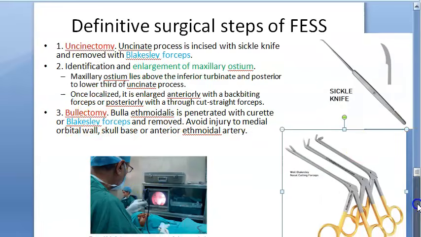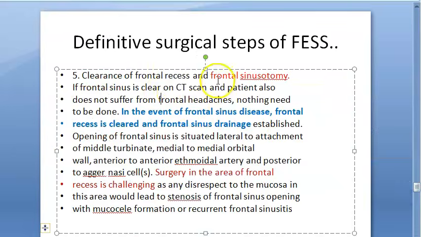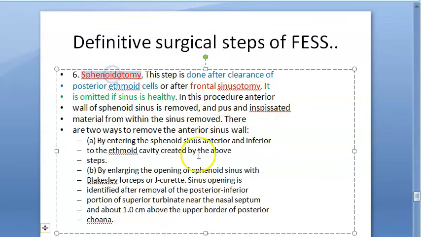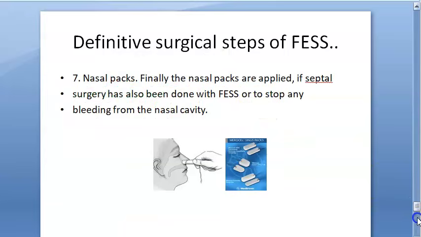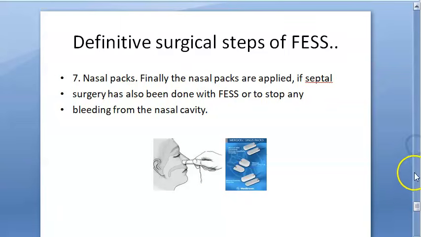Then what are they doing? They are removing the posterior ethmoidal cells, okay. Then frontal sinusotomy if required. Then sphenoidotomy if it is required. Then finally nasal packs. So this is what they are doing, guys, right? So that's it. 7 steps they are telling.